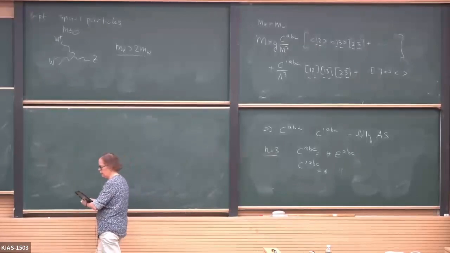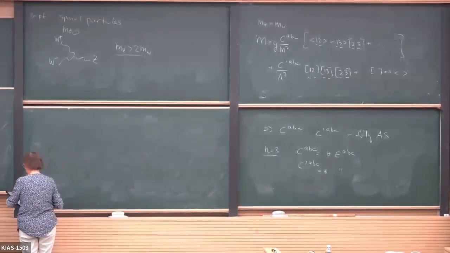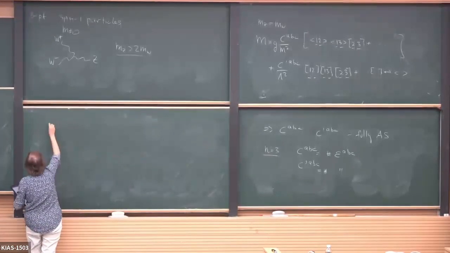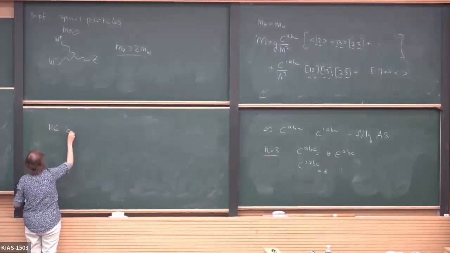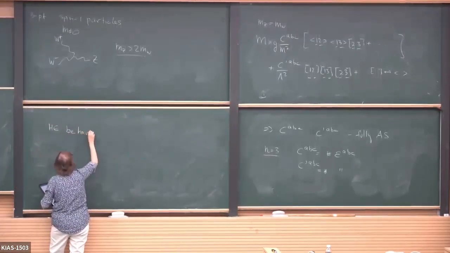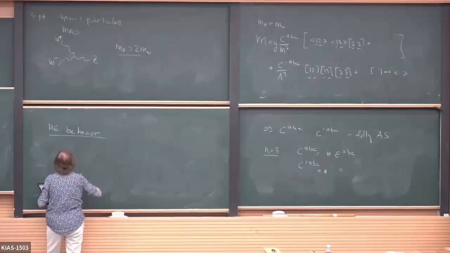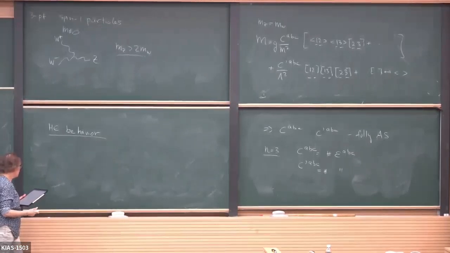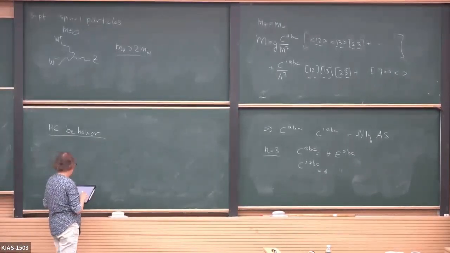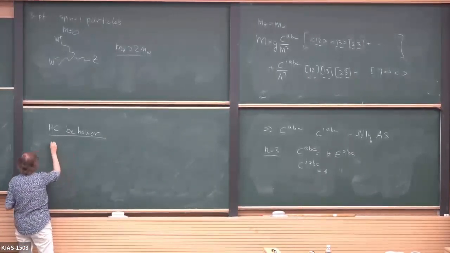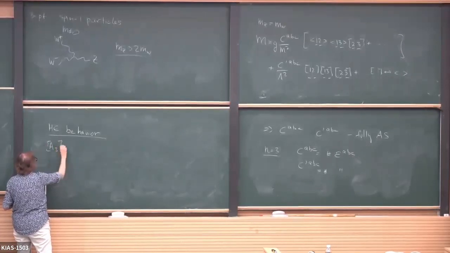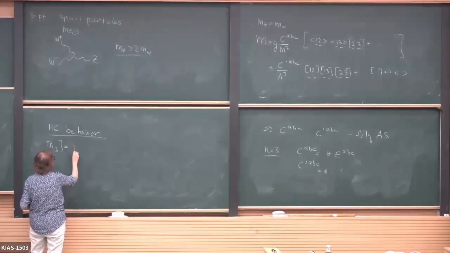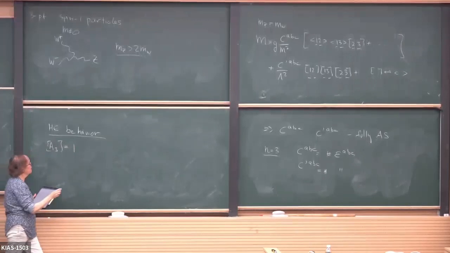So let's talk about that for a second. Now we're talking about the high energy behavior. And let's do it in the following way. Since we're talking about 3-point amplitudes, remember their dimension is 1.